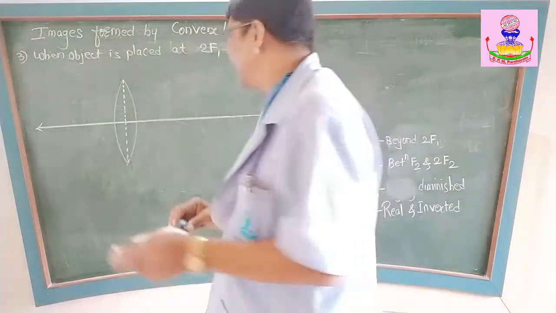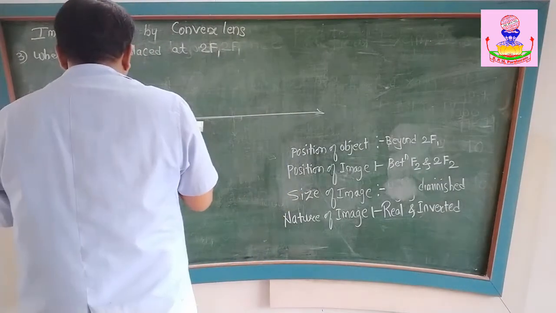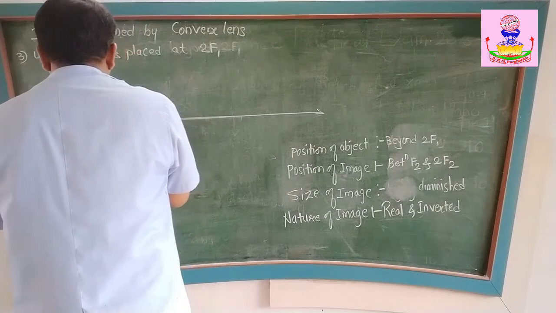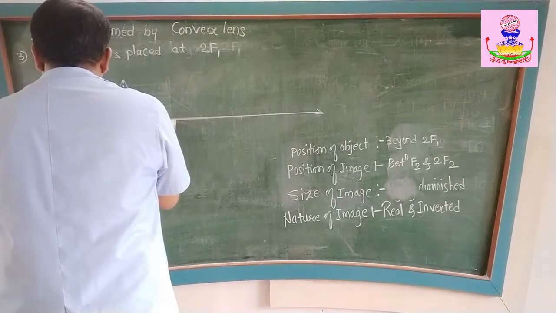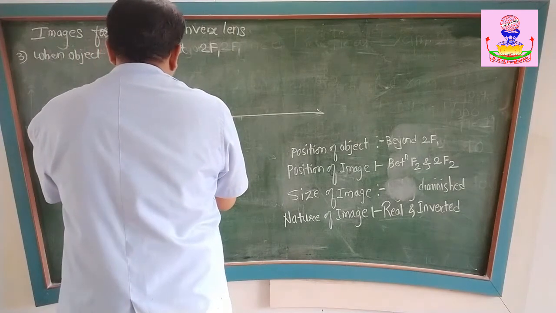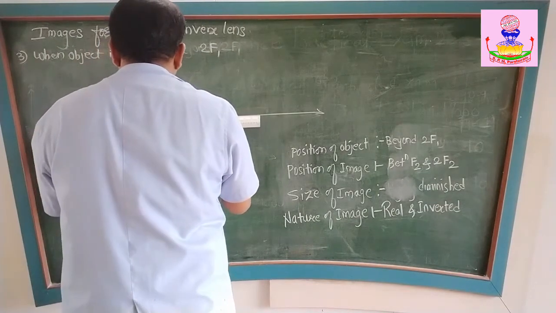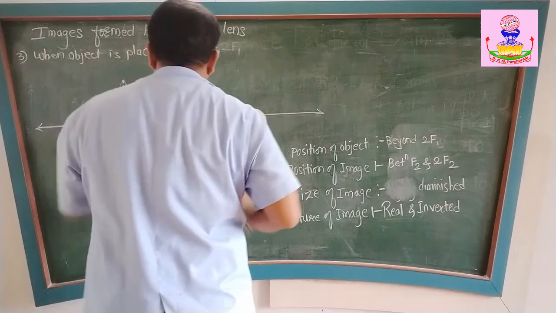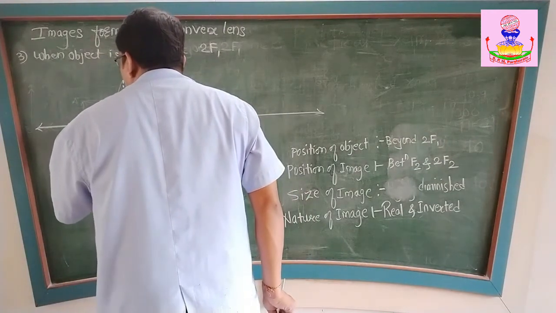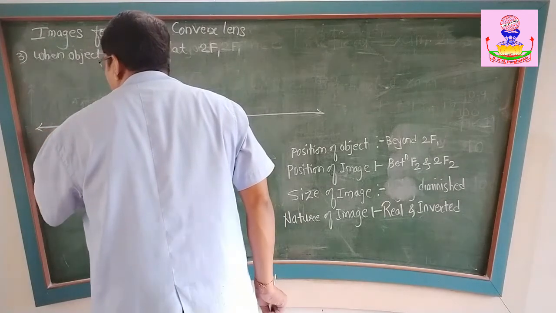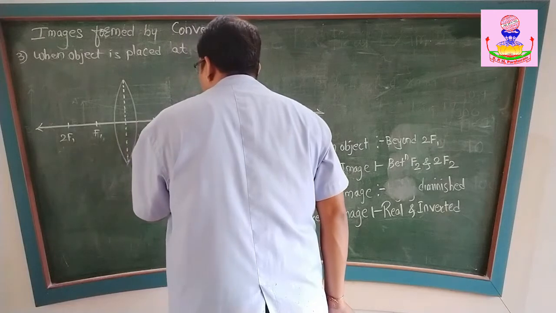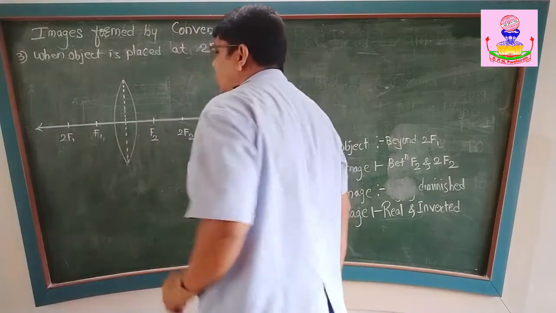Okay, so you get optical center, and now we can mark F1, and this is 2F1, F2, and this is 2F2.